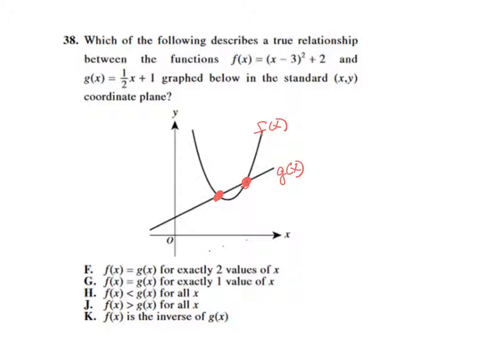So f of x is equal to g of x at exactly 2 values of x. That would be a true statement. We want to check our choices real quick to make sure there is not an all of these choice, and there's not. So our answer would be F. We don't even need to check anymore.